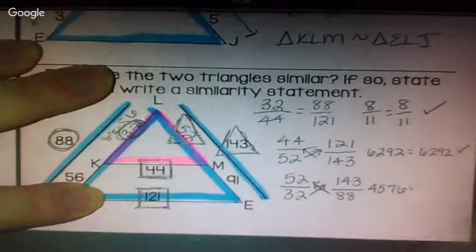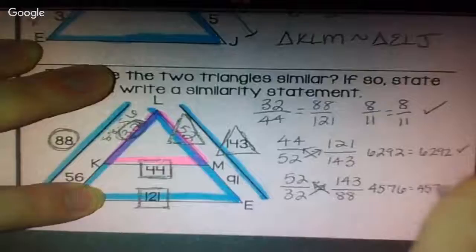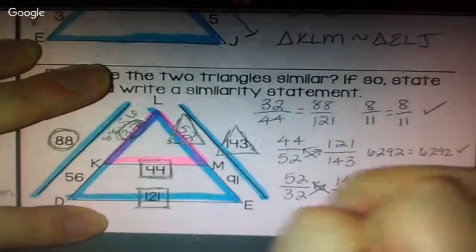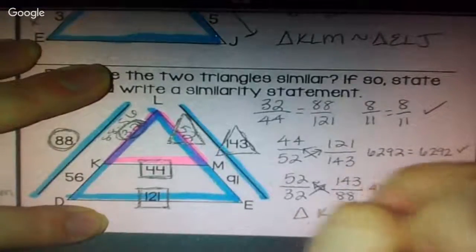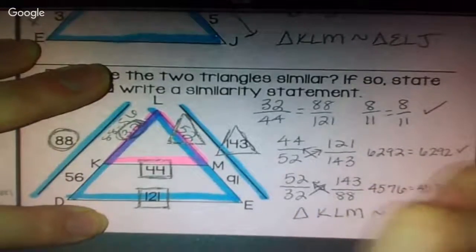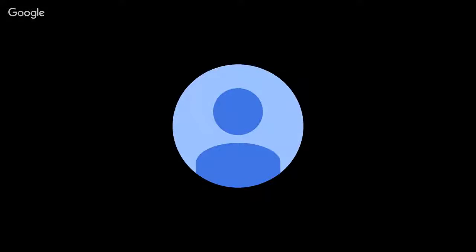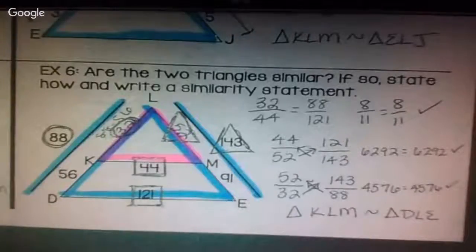Yeah. Okay. So you proved that all 3 sides are similar. So now I can say that triangle KLM is similar to triangle DLE. That is proving them similar.